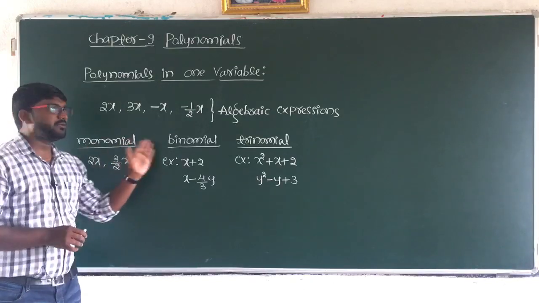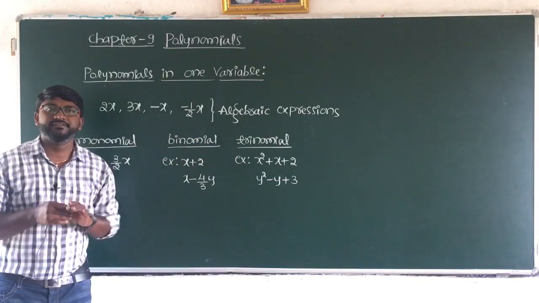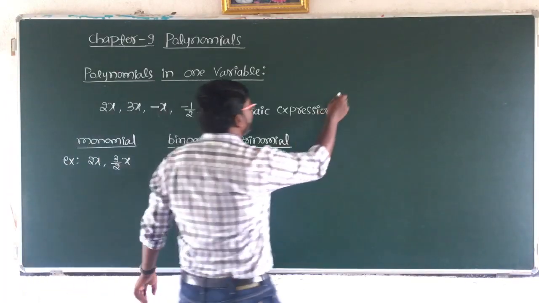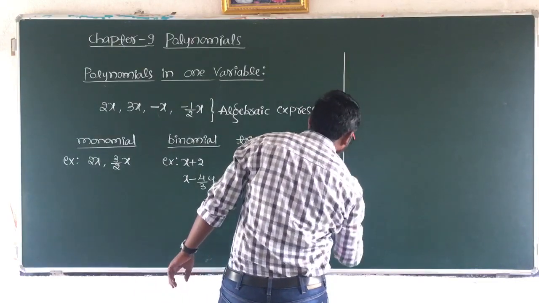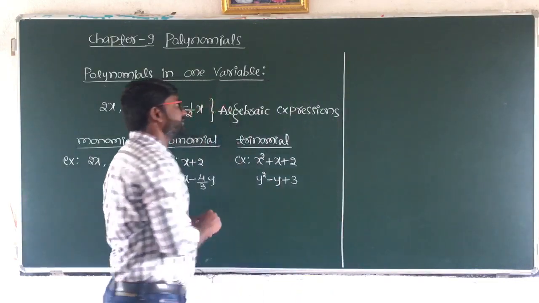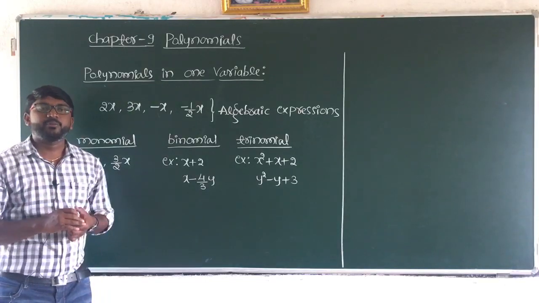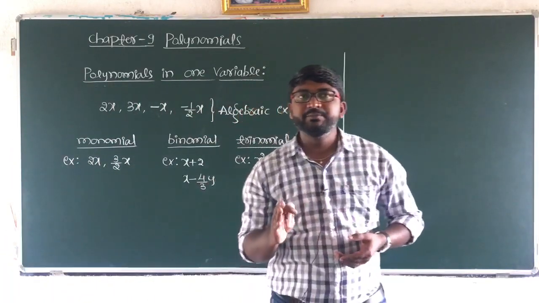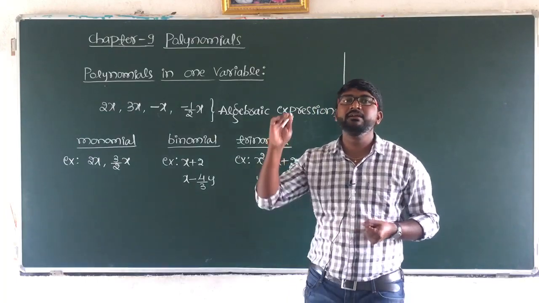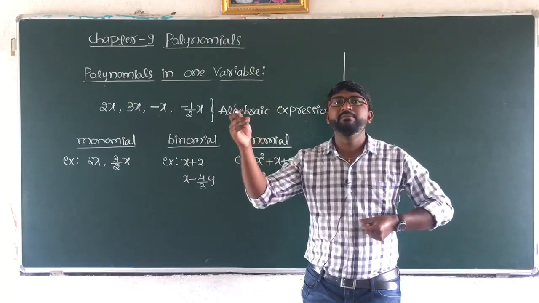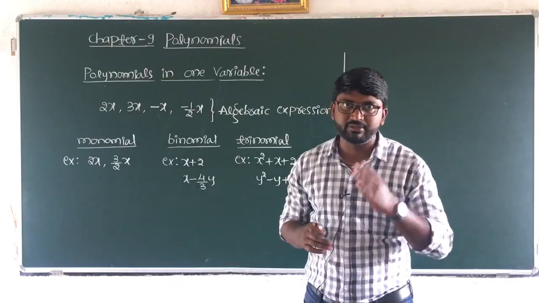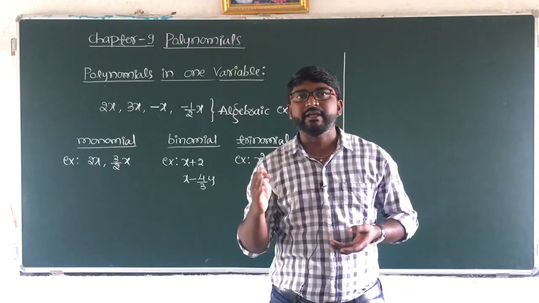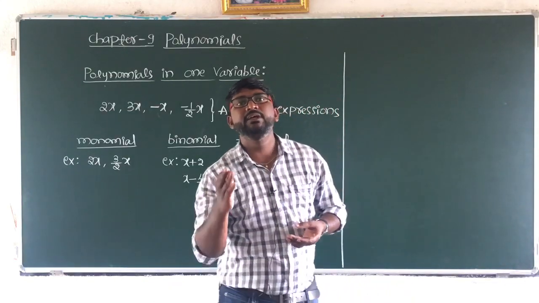I hope you all know the basics of these things. Now, what is a polynomial? A polynomial is an expression consisting of coefficients and variables, where the power of the variable must be a whole number, and it involves addition, subtraction and multiplication operations.